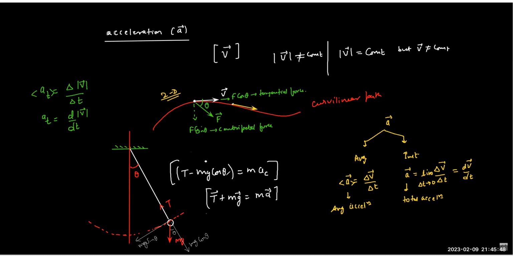And when you select a direction, you write the acceleration in that direction. This is what you are supposed to write. So T minus mg cos theta we write as m a_c, or T vector plus mg vector equals m a vector. And also you can see that along the tangent, which force do we have? mg sin theta. And this force will change what? It will change the magnitude or direction or both.